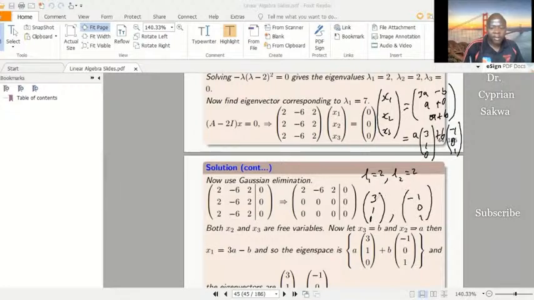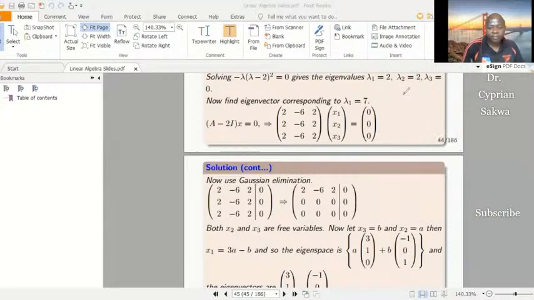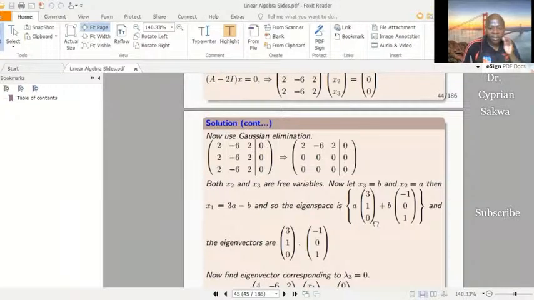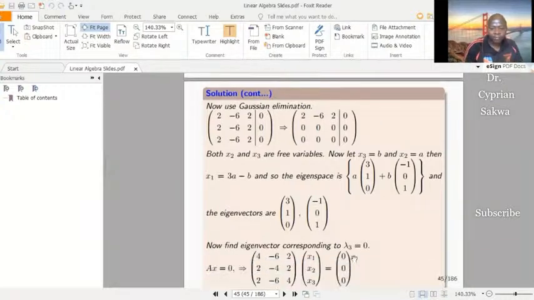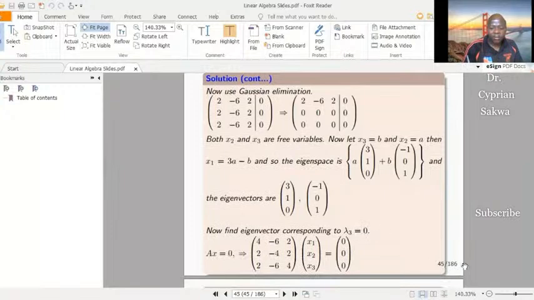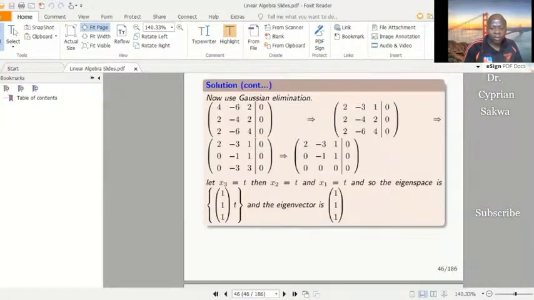So I can just say this one has this eigenvector, and this one has this eigenvector. But this is the working. That's what I did when I discovered that I would have this. I said that lambda equal to 2 would have two eigenvectors, one is this and another is that. Then I proceeded to find the eigenvector for lambda 3 equal to 0, and that one you can do.